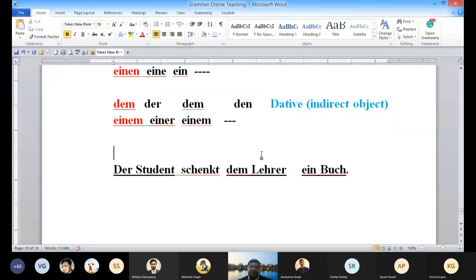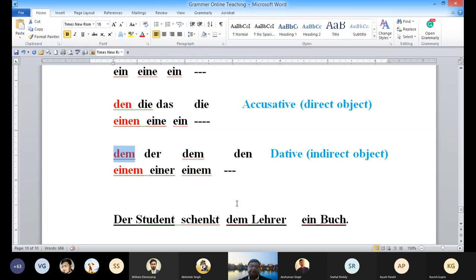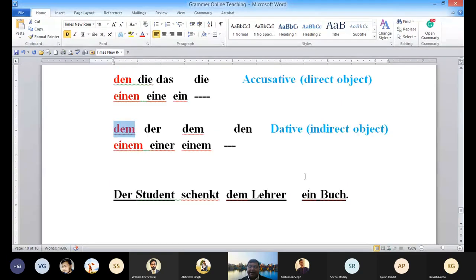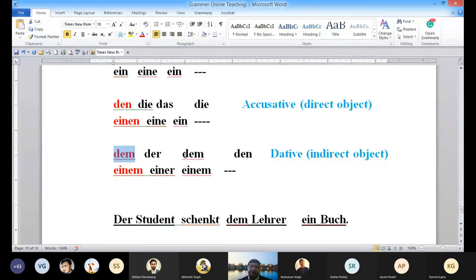Because Lehrer means teacher is a singular noun and masculine noun. So singular noun and masculine noun, either you take dem or einem. So because you are writing to the teacher, definite article you are using, so you are using dem. So it becomes dem Lehrer. What is presenting? He's presenting a book. So that should be accusative, that is direct object.